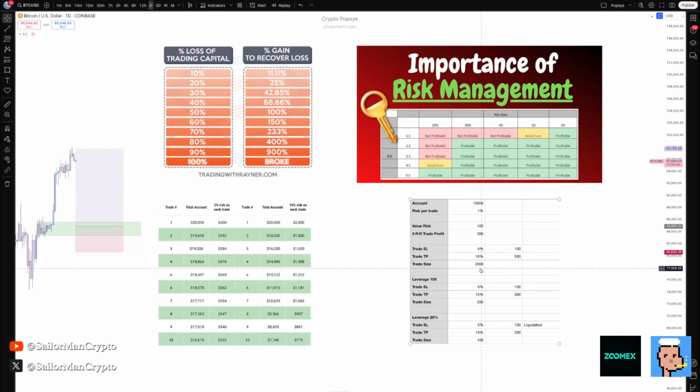If we take the loss of 5% by 10x, it would be 50%, okay? And 50% of $200 is $100. If we win, a 15% gain at 10x would be a 150% reward, which in the case of a $200 position becomes again $300.